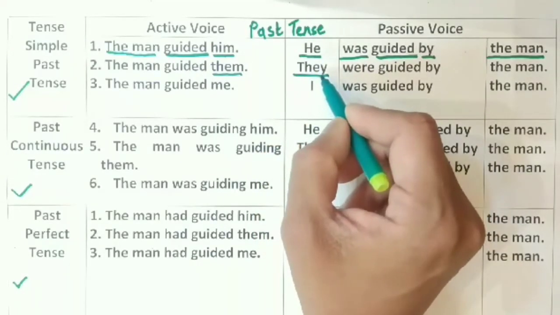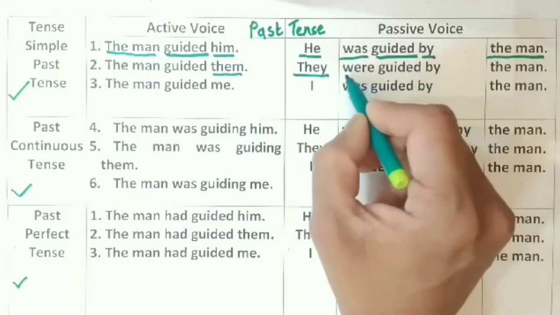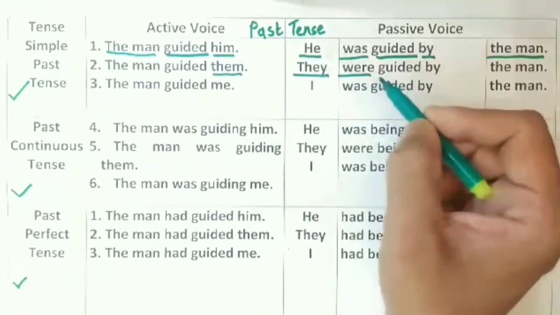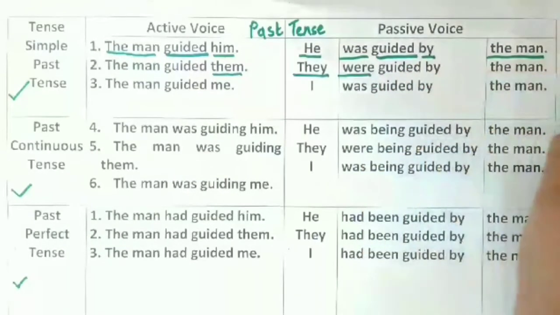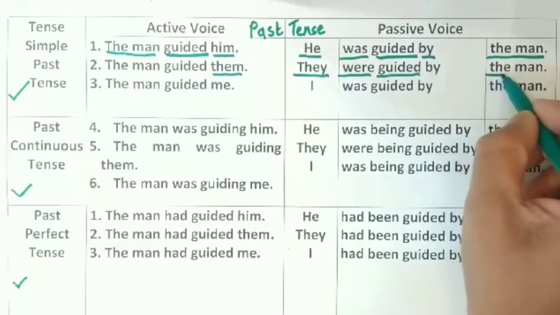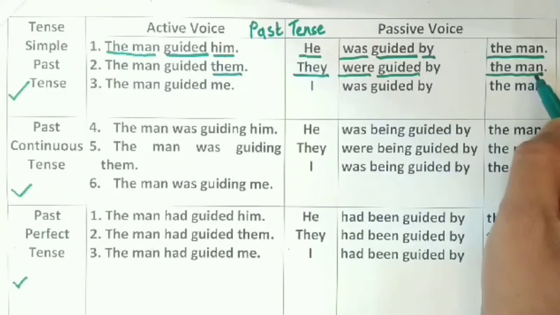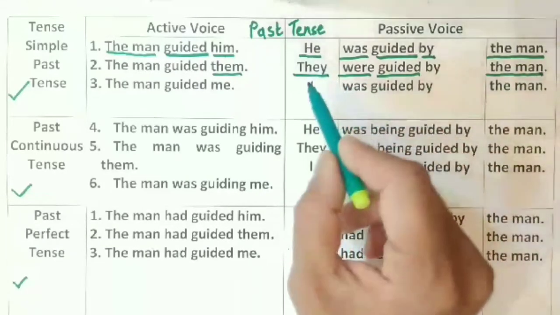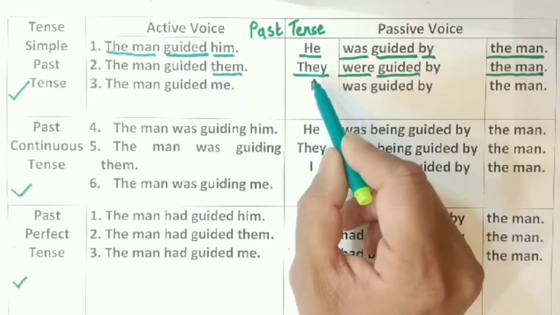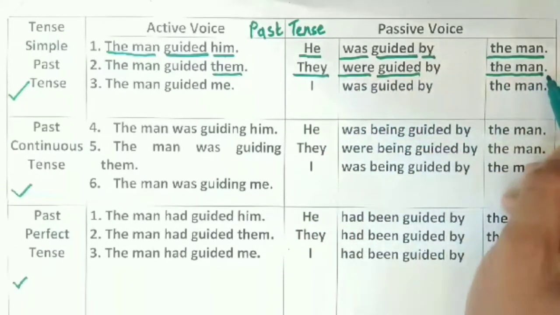As they is plural, I have selected the helping verb were and continued as above. Guided is V3, and the subject the man has been shifted to the end of the passive voice. So the sentence in the passive voice will come in this way: they were guided by the man.